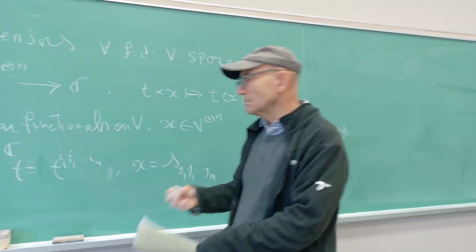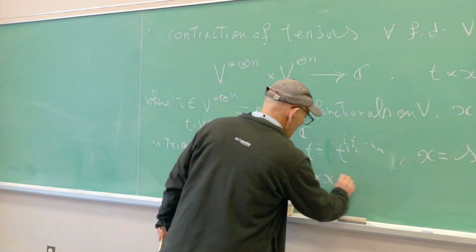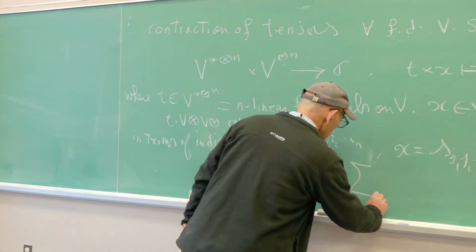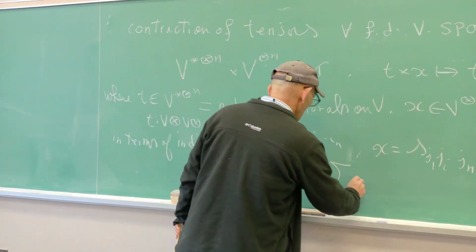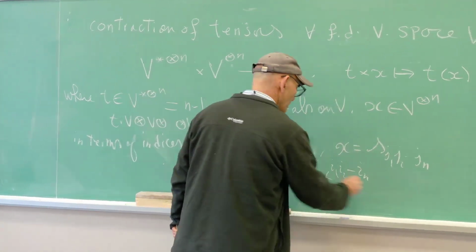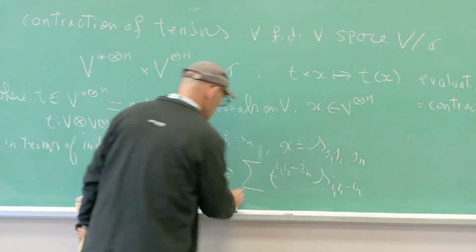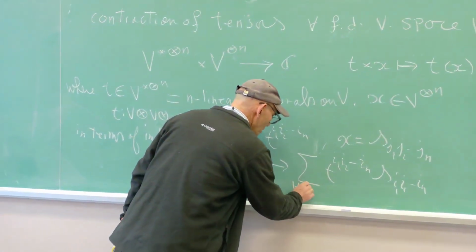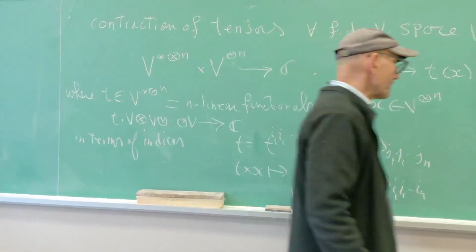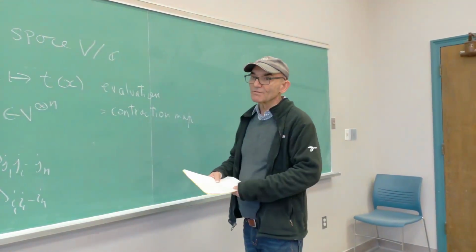And when you contract them, it is mapped to summing over all repeated indices, in this case summing T^{i1 i2 ... in} S_{i1 i2 ... in} over all i1 ... in. Okay, so this, of course, is a generalization of the trace map.